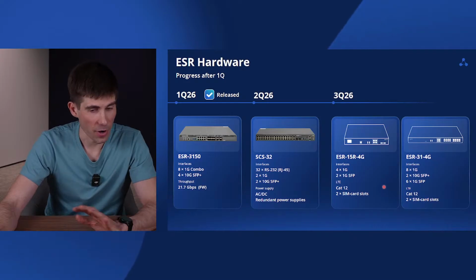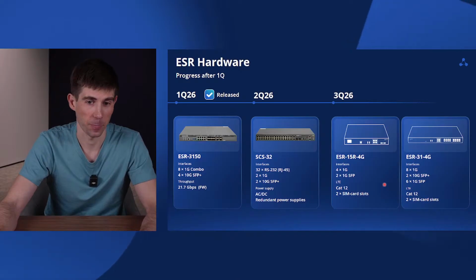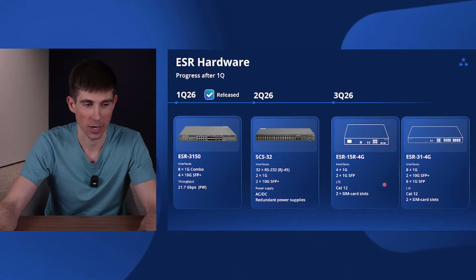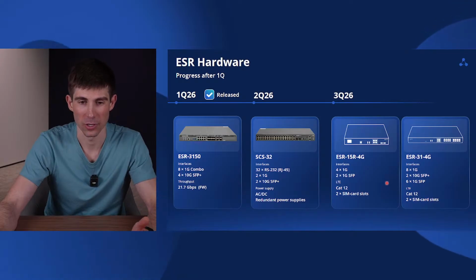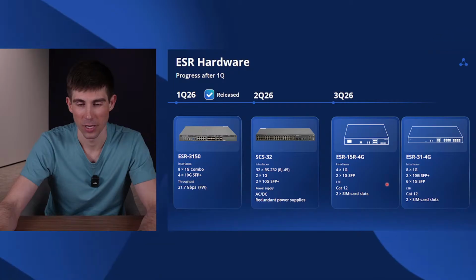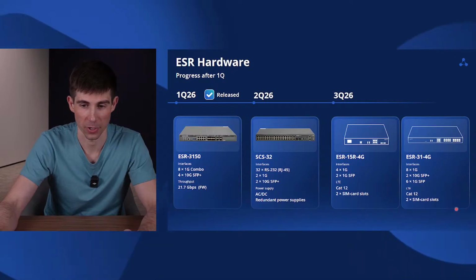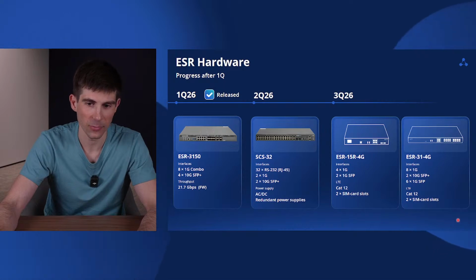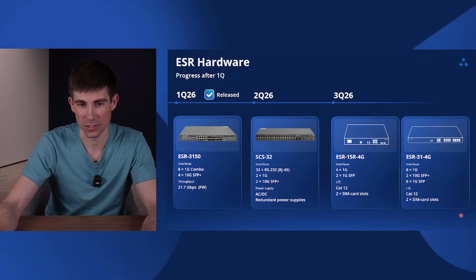And there are various scenarios where these devices can be used. ATMs, remote gas stations, you name it. Basically, whenever you want to have a redundant connectivity using mobile network, these devices may be a great choice. At this point, they are in the last stages of development.